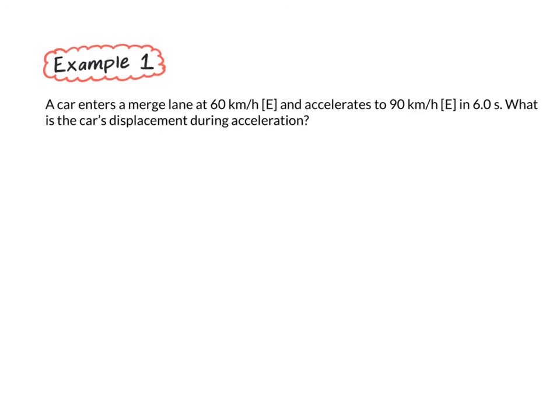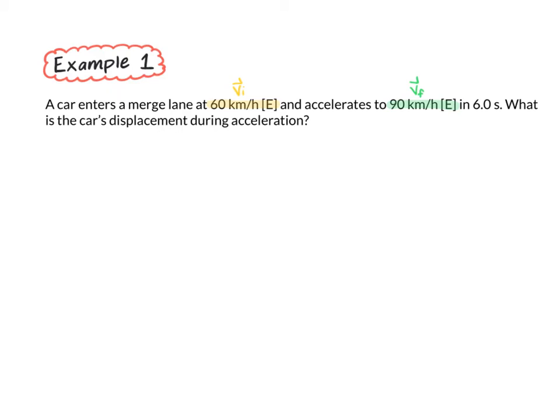So we're going to look at an example now. In this example, we have a car entering a merge lane at 60 kilometers per hour east. That's our initial velocity. The car accelerates to 90 kilometers per hour east, so that is our final velocity.